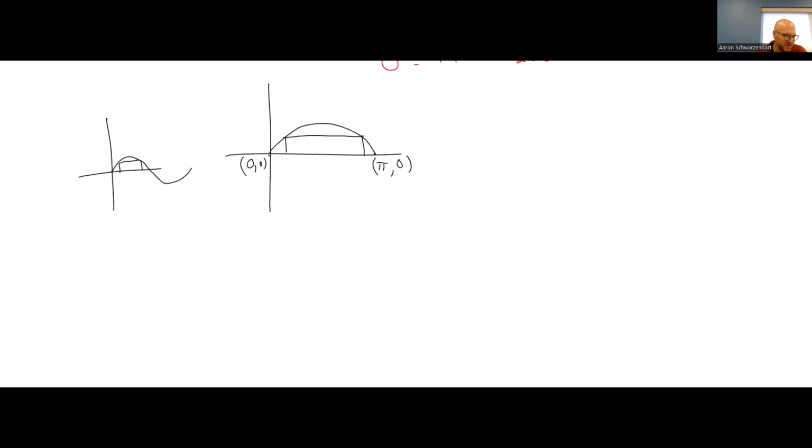Okay? So we know that this here in the middle is pi over 2. So we're going to call this coordinate here x, 0. This coordinate here is then x, sine of x, because its y coordinate is the sine of it.